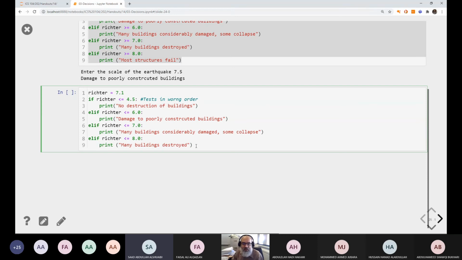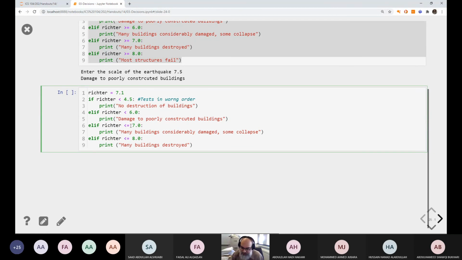Okay, so let's go over it. If Richter is less than 4.5, no destruction of buildings. Elif, Richter is less than 6, there is no equal, less than 6, damage to poorly constructed buildings.